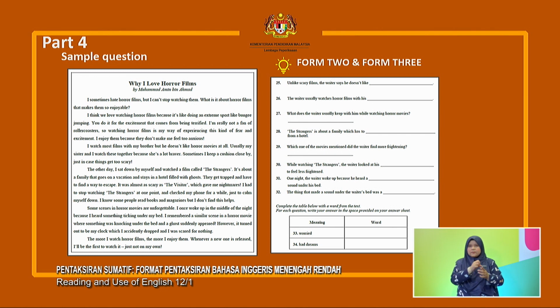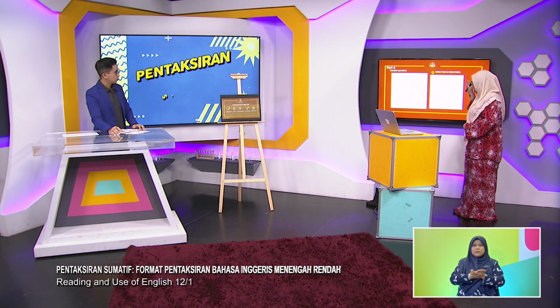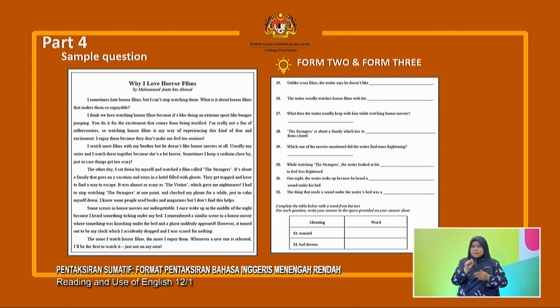For short answer questions, it's the same as what Form 1 students answer: to put not more than 5 words based on the information from the text. However, for the vocabulary questions, they are going to identify a word for each based on the meaning given in this table. So 8 short answer questions and 2 vocabulary questions.